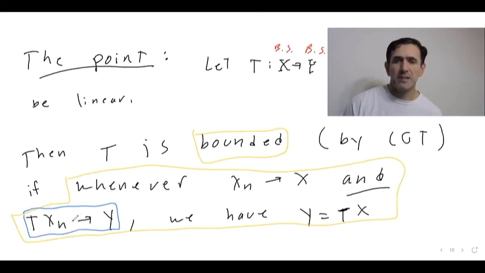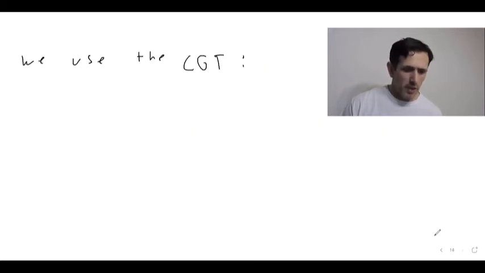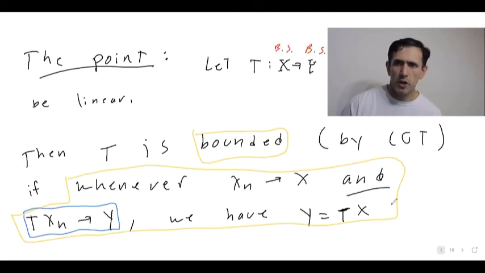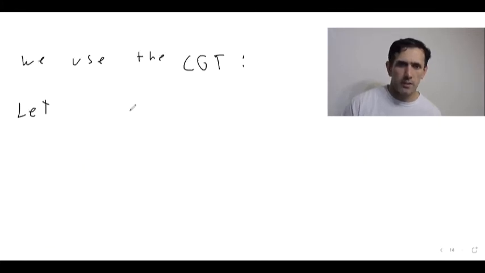Being allowed to assume that is so much easier. So in particular, what do we need to show to prove boundedness? We need to show that whenever xn converges to x and Ixn converges to y, we have y equals Ix. Let's see what on earth that means.